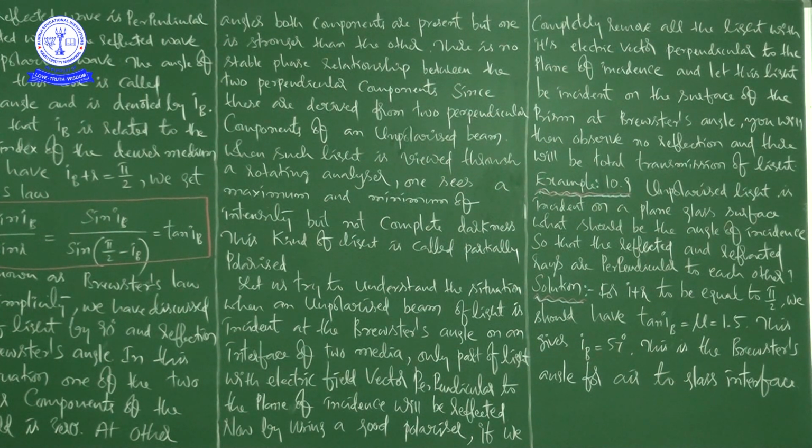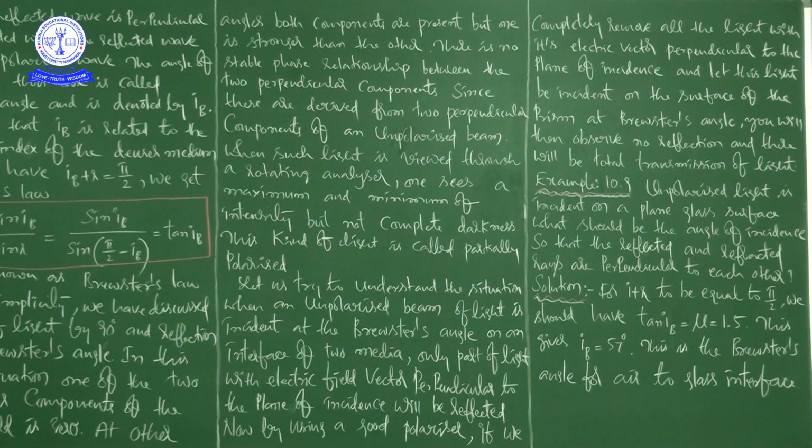But while discussing polarization by reflection, we also consider one more situation, that the angle between the reflected ray and the refracted ray is 90 degrees. That is what he is saying.